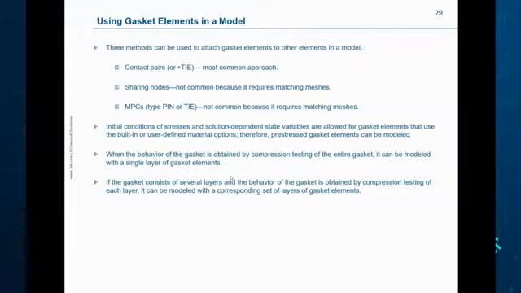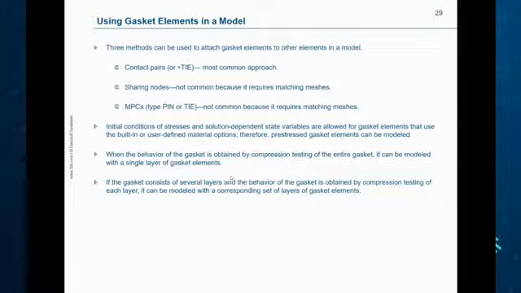The most popular way of putting the gasket into the rest of the mesh is through contact pairs and/or *TIE. It's also most common to simply have one layer of gasket elements. I don't recall seeing a gasket model that has more than one layer of gasket elements in the thickness direction.